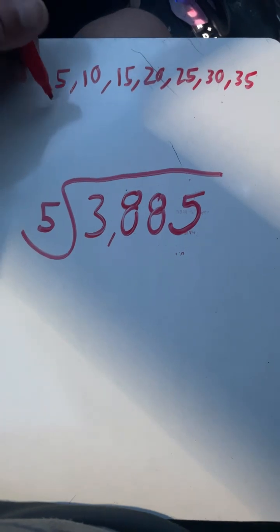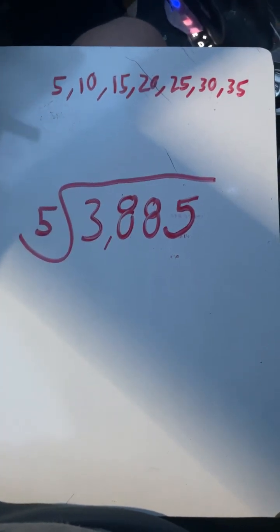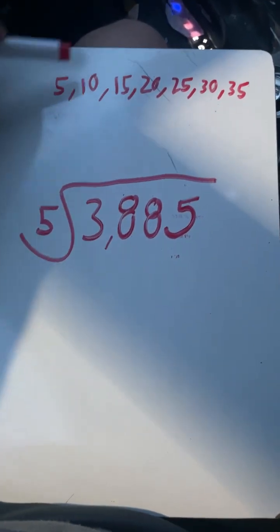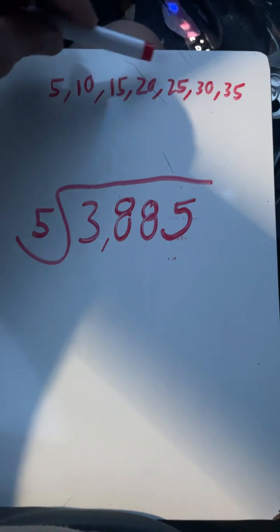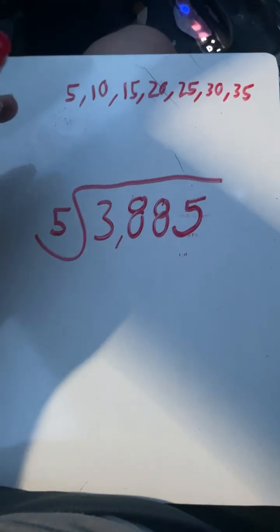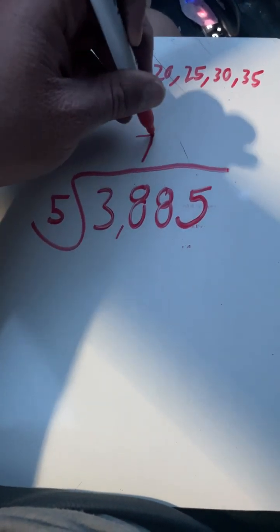If I go to 40, 40 would be too far because 40 is more than 38. But I'm going to count how many groups of 5 I got from here to 35. 1, 2, 3, 4, 5, 6, 7. So 5 goes into 38 7 times.